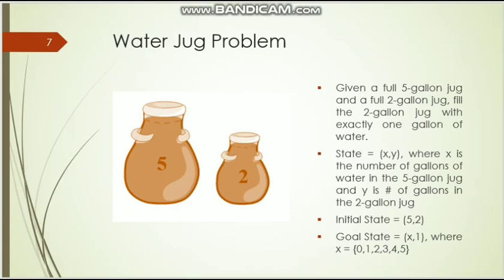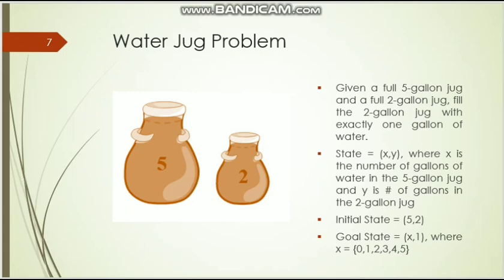So in the 5-gallon jar, if we take the measurement of the water in integer amounts of gallon, then it should be 0 to 5. That means 0, 1, 2, 3, 4, 5, right? And in the second jar, it can be 0, 1 and 2.